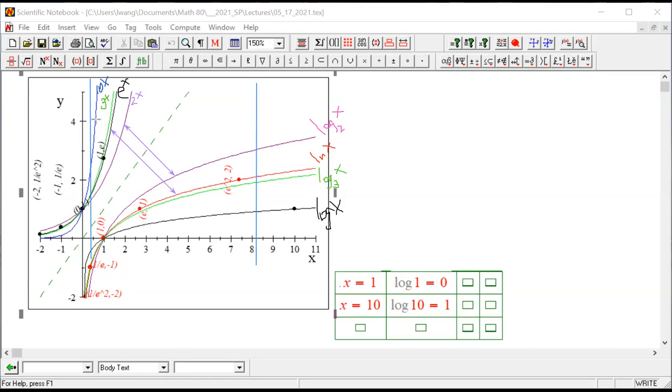And the green and green are inverse to each other. Okay, and the blue and the black.